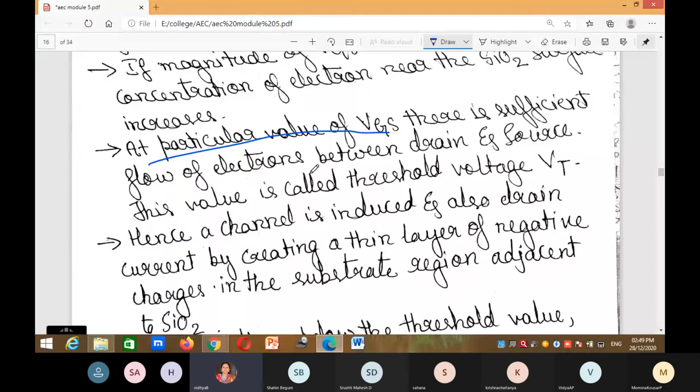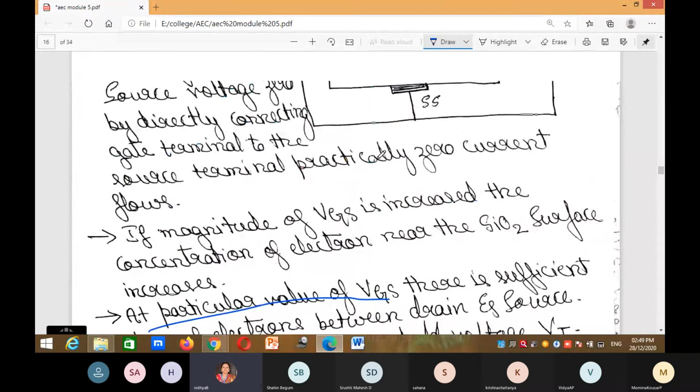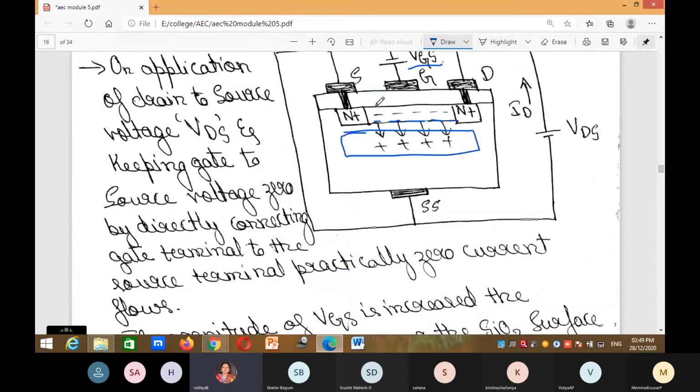A channel is induced because of the threshold voltage, by creating a thin layer of negative charges in the substrate region adjacent to SiO2. You can observe this in the figure. That is, a new channel is created.